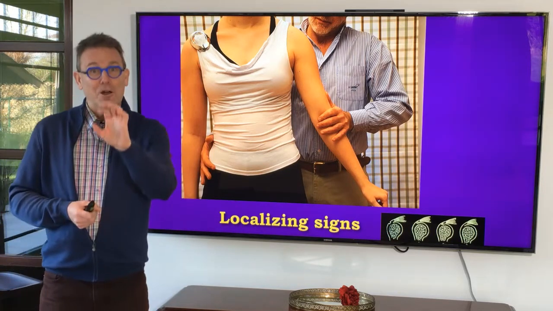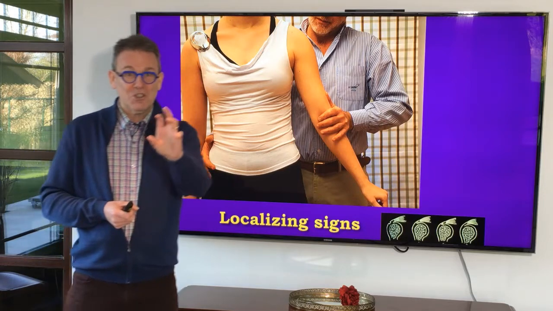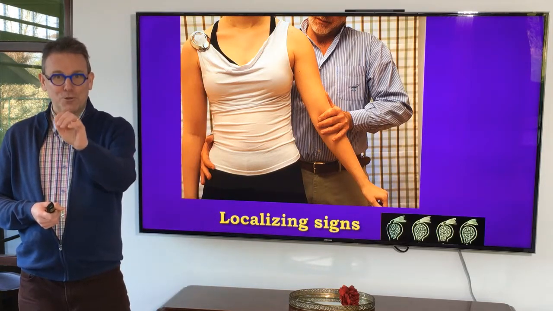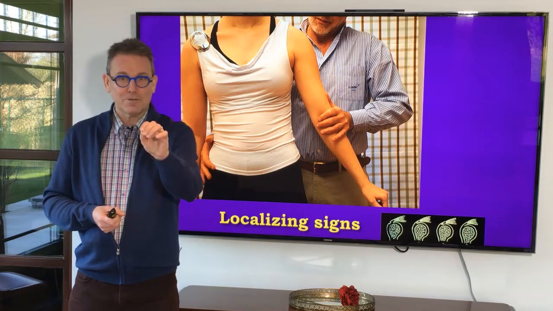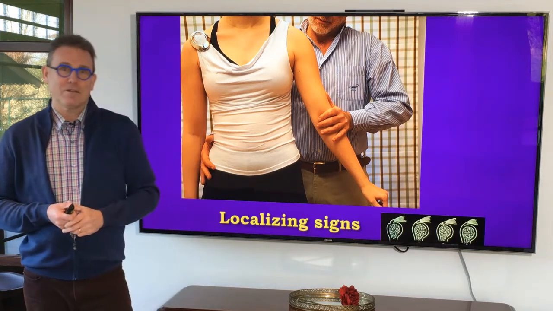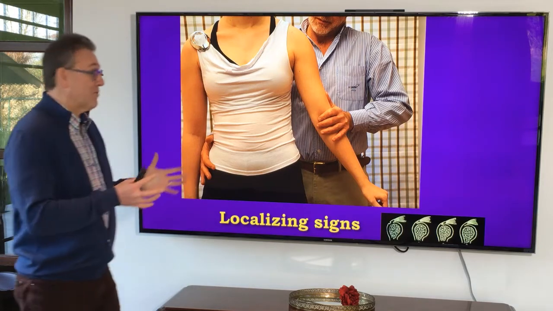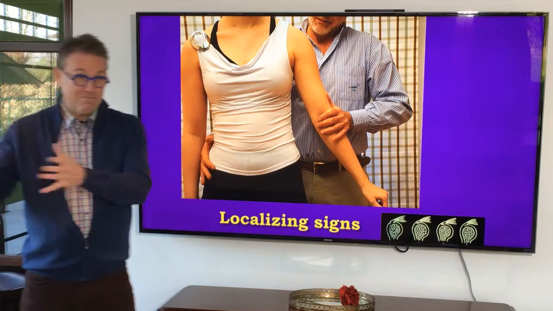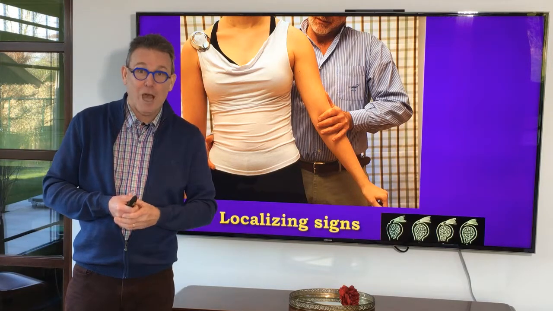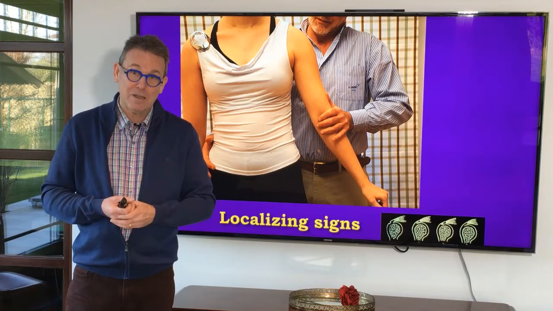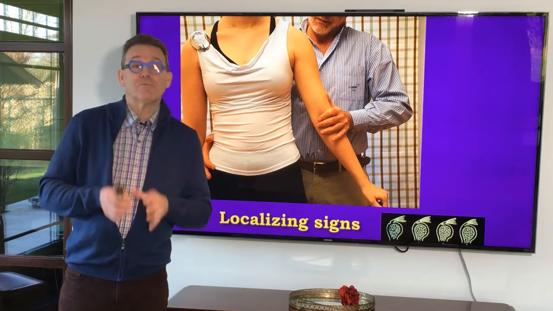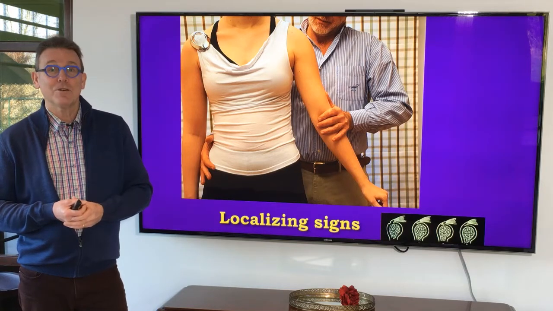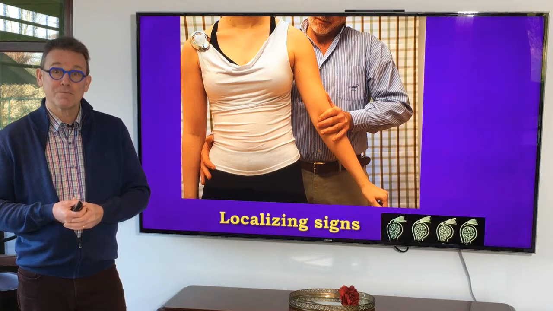The painful arc in combination with resisted abduction tells you the problem is supraspinatus tenoperiosteal. That's a localizing sign. In the shoulder, painful arcs are very popular. You're going to discover in some shoulder films, and during the live courses, of course, that we have 6 different clinical reasons for a painful arc in the shoulder.